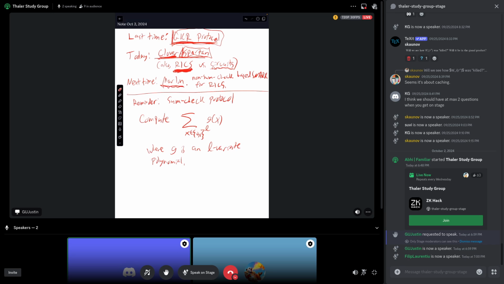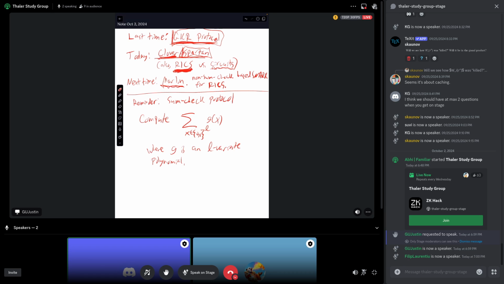So, one high level point I try to convey in this reading group, and just generally, is my perspective on the SNARK design space that I think still needs to be absorbed a little bit better.